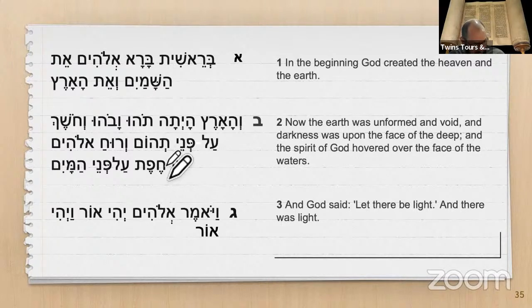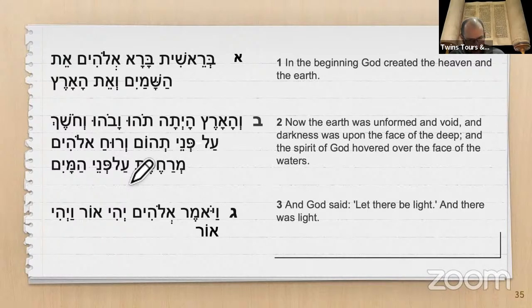Mem, Resh, Het, Pe, Tav. Mem with the shva, Resh with the patah, then Het with the segol is a, then Pe is like a, and then Tet. Merahefet. Me, strong, Ra with a, He with a, Pe with a, Merahefet.